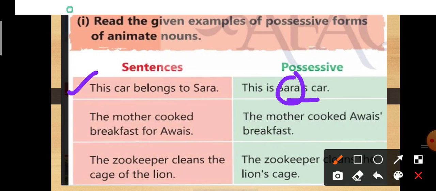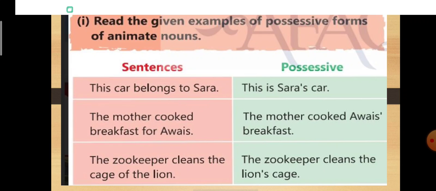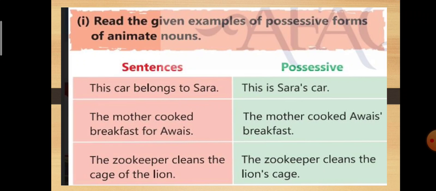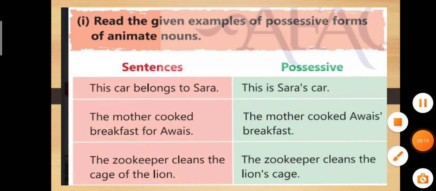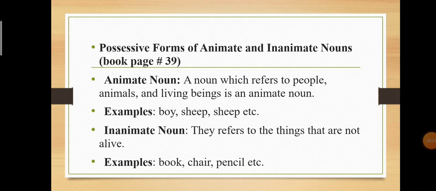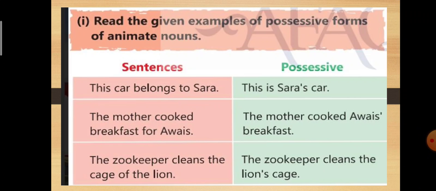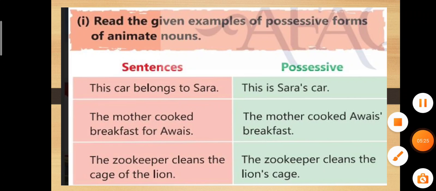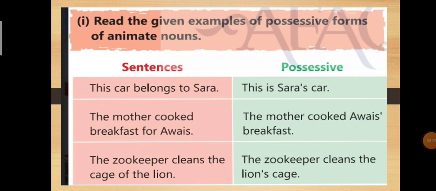This is Sarah's car. So what we have done? We have simply added s with Sarah. So when we add s with animate noun, animate thing, living thing, then it becomes possessive form of animate noun.